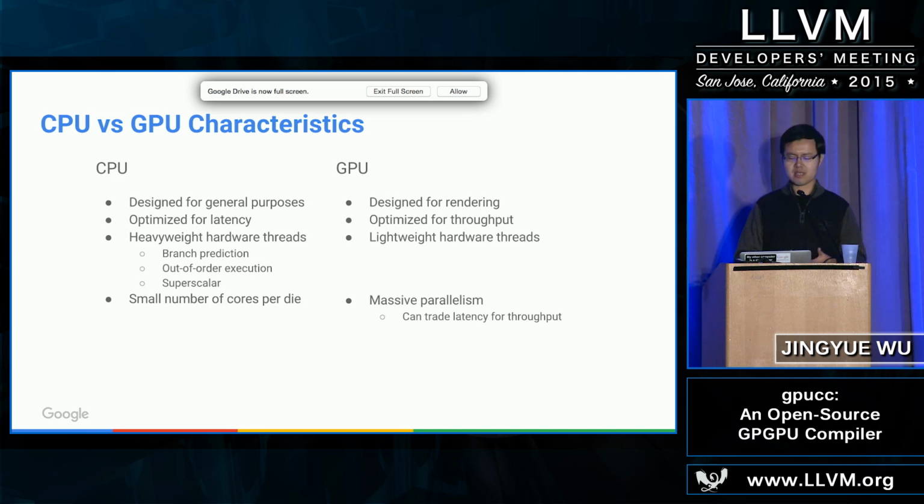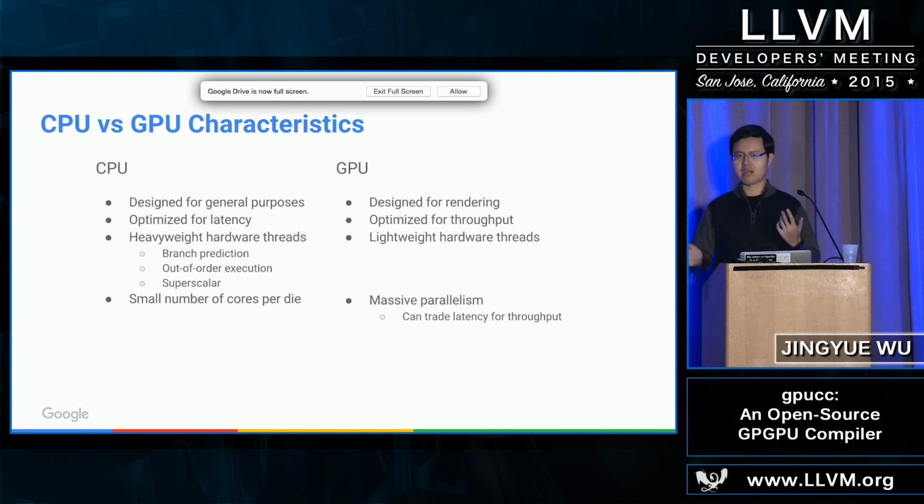So we investigated what's going on there and figured out the root cause is actually the difference between these two architectures. CPU and GPU have completely different design philosophy. CPU is designed for general purpose and optimized for latency, and the GPU is designed for graphics rendering and designed for throughput, because rendering is highly parallelizable. And as a result, CPUs usually have very heavyweight hardware threads that have branch prediction, out-of-order execution, and superscalar, etc. But GPU has none of these.